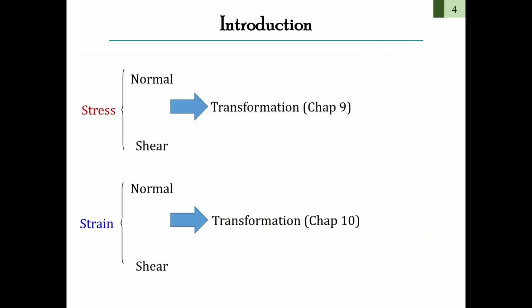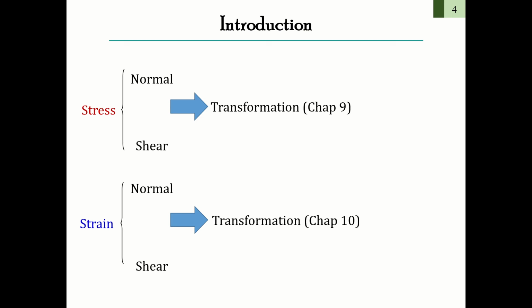Okay, there are two types of stress. One is called normal stress, and the other is called shear stress. If we calculate the normal stress and the shear stress at a point, there will be different solutions, not only one solution.